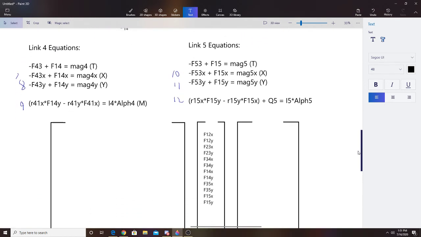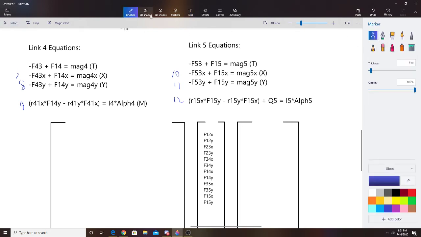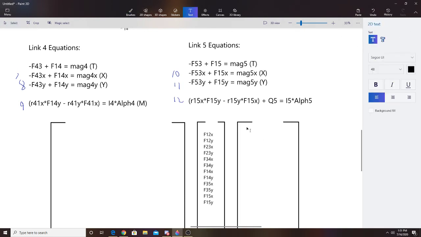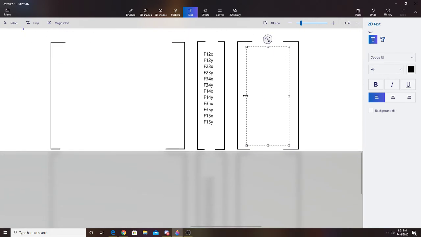And then for our other ones, this one's also going to be done from my head. We'll see if I can manage this one. So the first one will be M2 AG2x, and it'll be M2 AG2y.